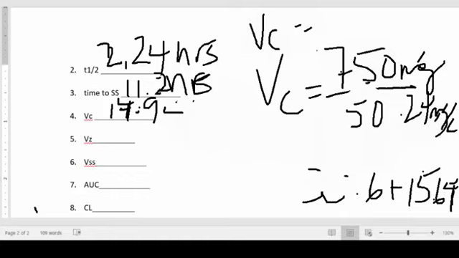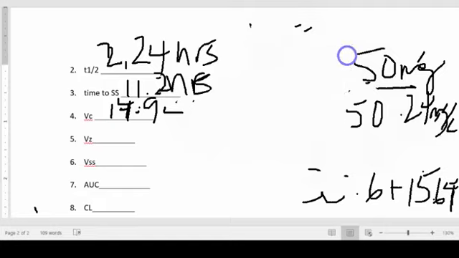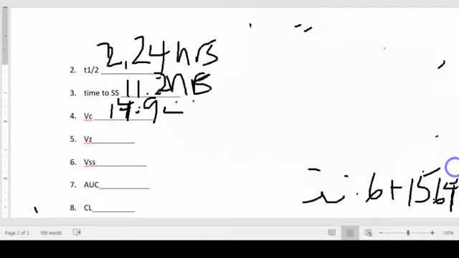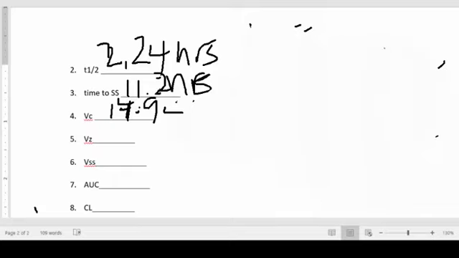What about V zeta? I'm going to have to look up what our equation for V zeta is. Basically, all you do is continue.